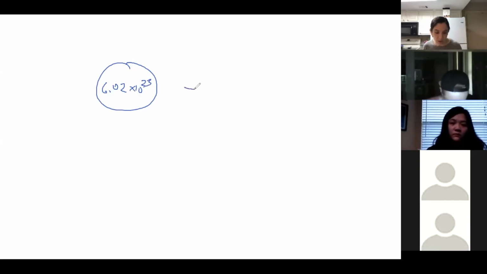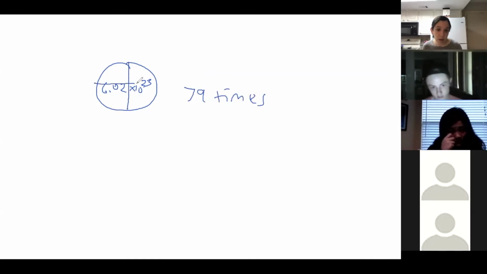And the answer is 79 times. So you need to cut the pie in half, and half, and half, and so on, 79 times to get down to 1 molecule. Now the math involved, we haven't used it before.